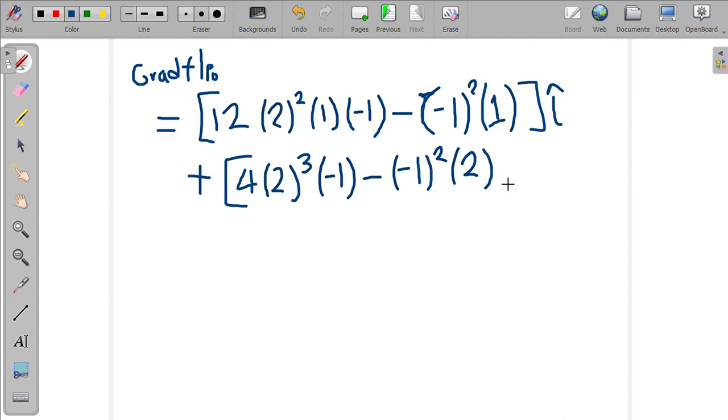So 2, then you close the bracket and write j.